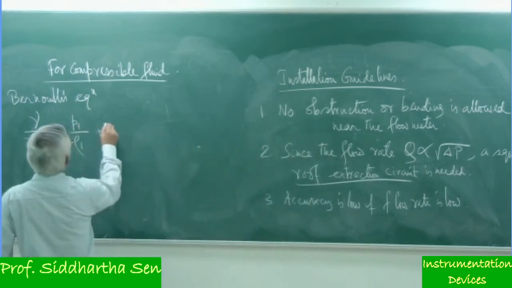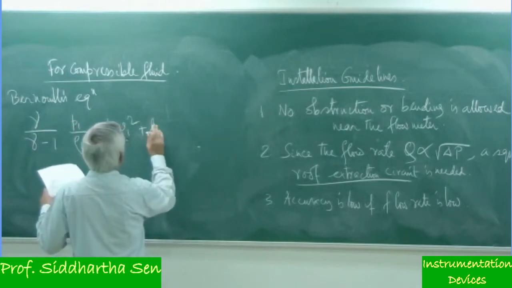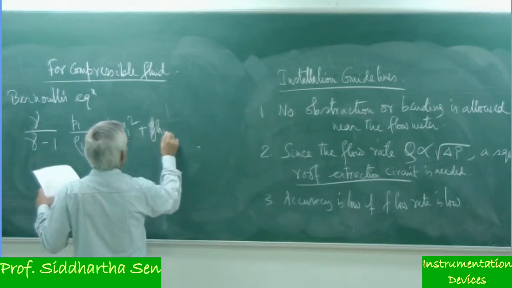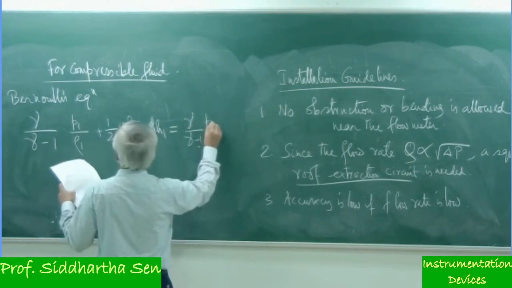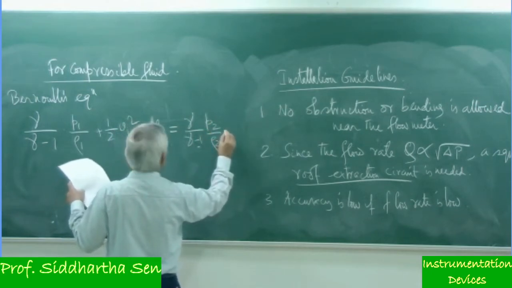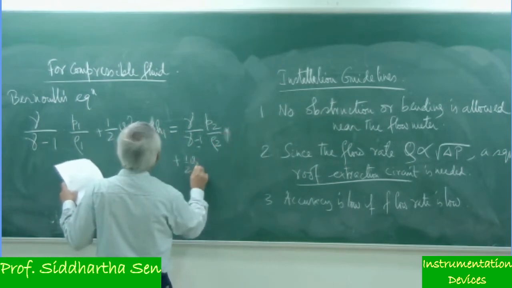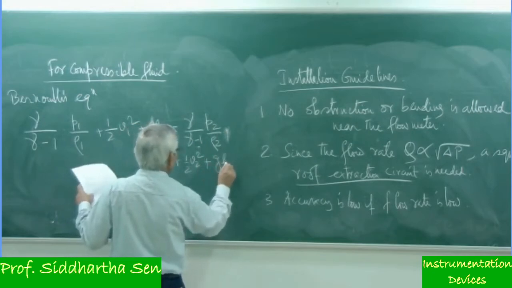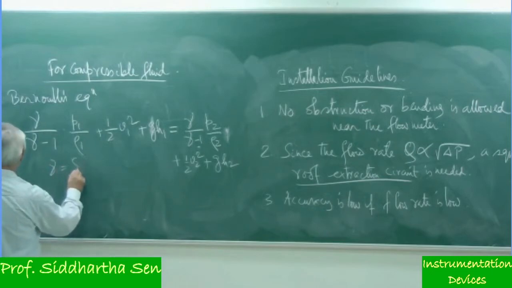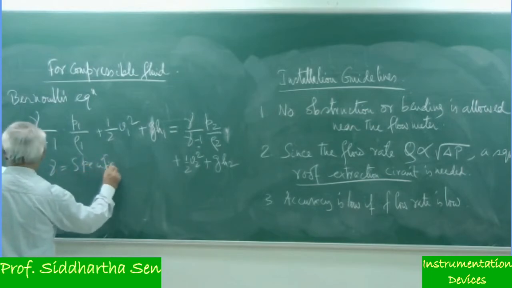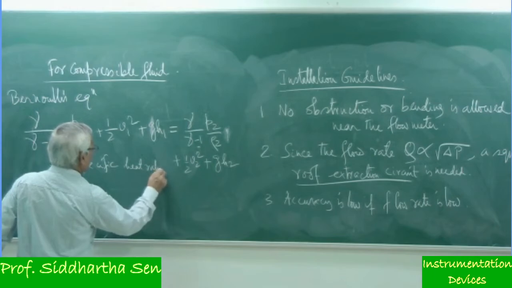Plus one half of V1 squared plus G into H1 is equal to gamma by gamma minus 1 into P2 by rho 2 plus one half of V2 squared plus G into H2. And this gamma is basically the specific heat ratio, that is Cp by Cv ratio.